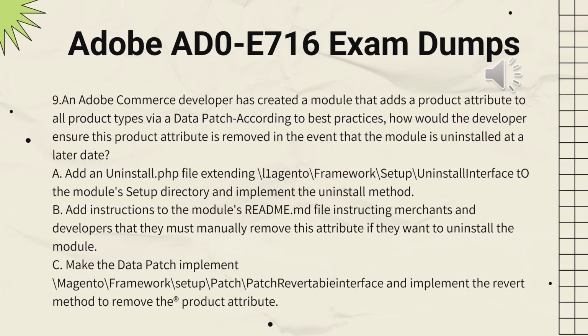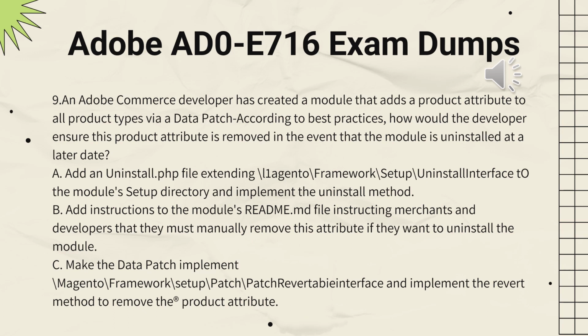9. An Adobe Commerce developer has created a module that adds a product attribute to all product types via a data patch according to best practices. How would the developer ensure this product attribute is removed in the event that the module is uninstalled at a later date? A. Add an Uninstall.php file extending Magento\Framework\Setup\UninstallInterface to the module's Setup directory and implement the uninstall method.